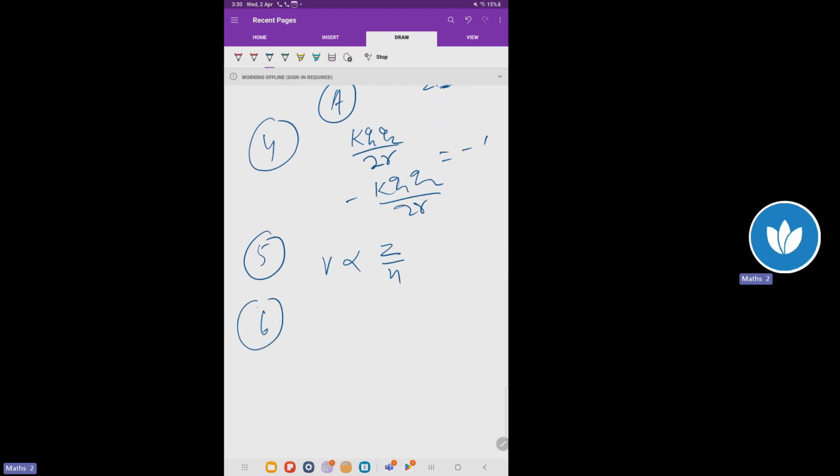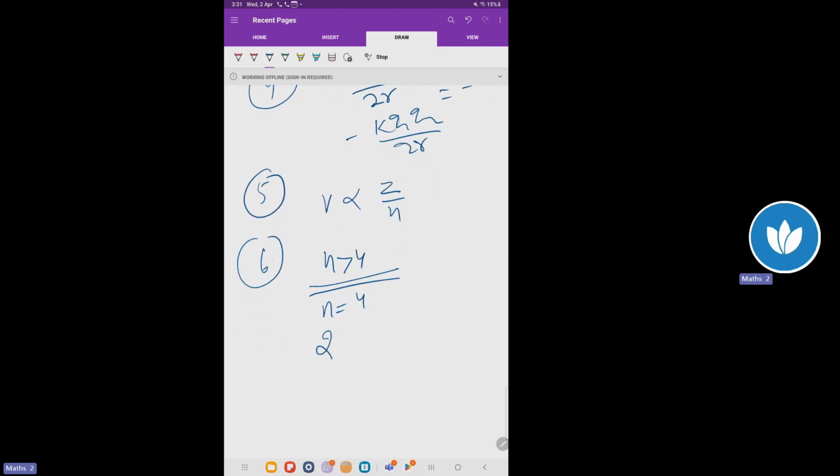Question number 6. If elements with principal quantum number n greater than 4 were not allowed, meaning the maximum value of n can be 4, then the total number of electrons in that atom is 2n square. In the first orbit, number of electrons is 2, second 8, then 18.